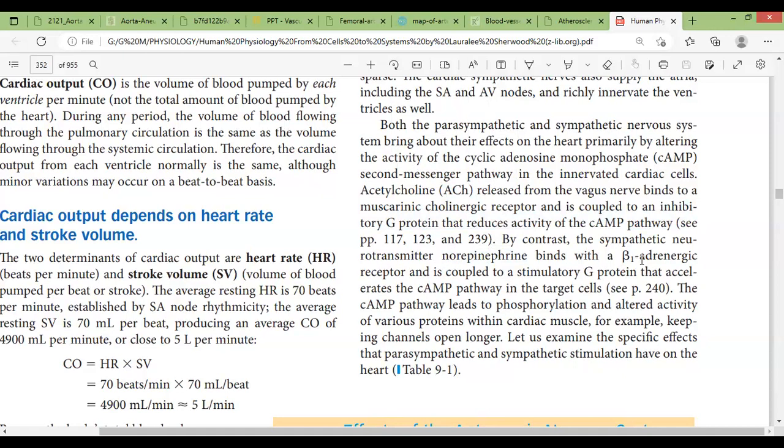Remember, we have one heart and two lungs, so beta-1 is found in the heart, beta-2 is found in the lungs. The beta-1 receptor is a G-stimulatory protein. I hope that by the time we covered G protein, when we say G stimulatory, you remember the entire pathway, right?